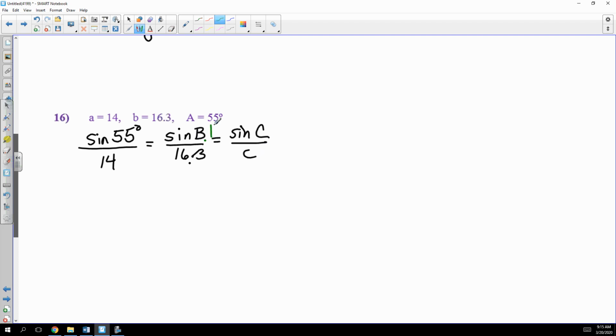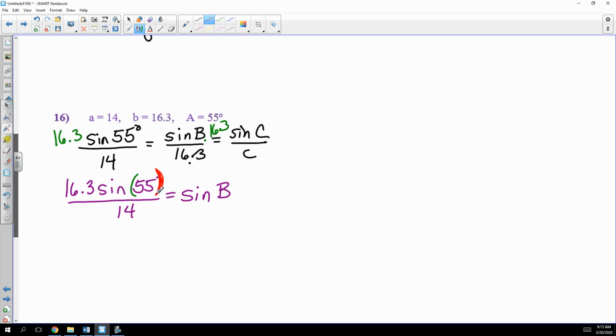So I'm going to multiply both sides by 16.3. And now I'm typing in 16.3 sine of 55 degrees divided by 14, and that's going to be equal to sine of B. Don't forget that the parentheses opens and you need to close the parentheses.